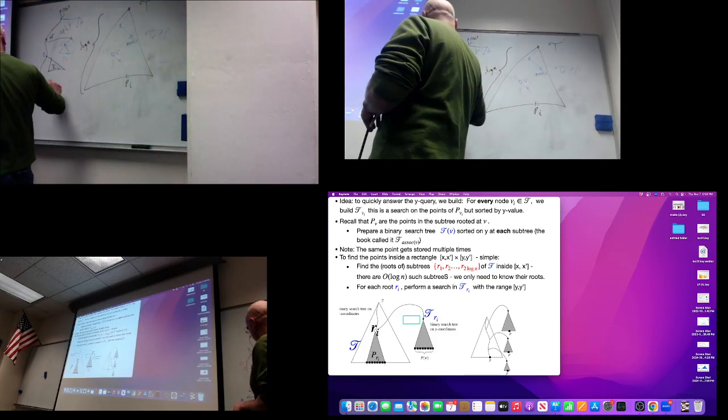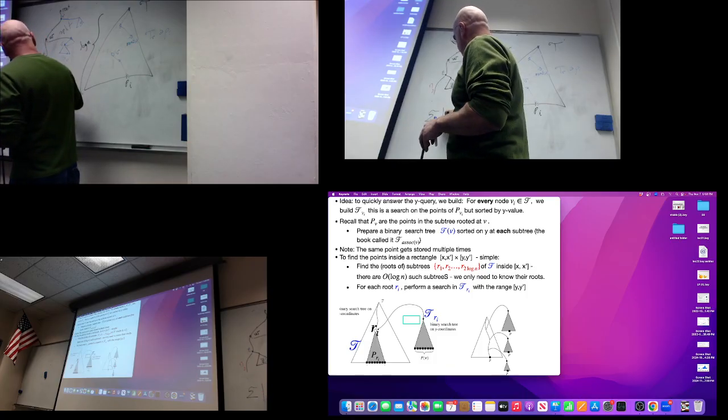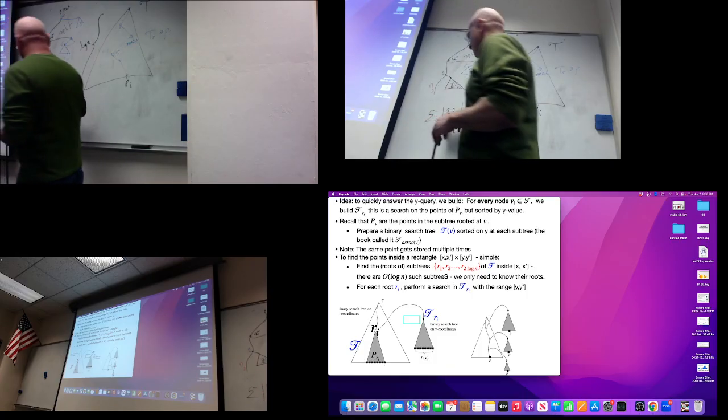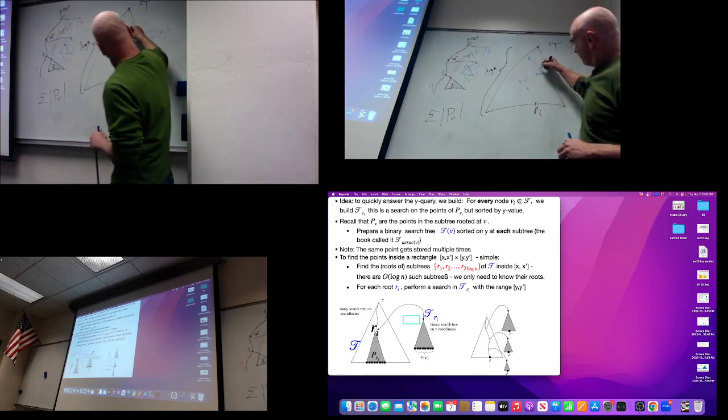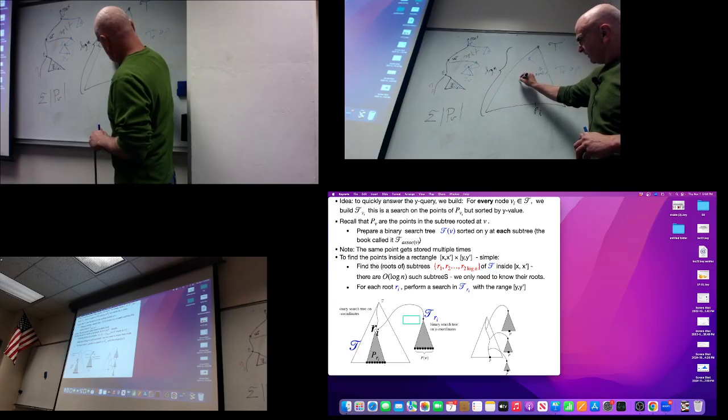And for every V, P sub V, remember, is the subset of nodes, everybody in its subtree.